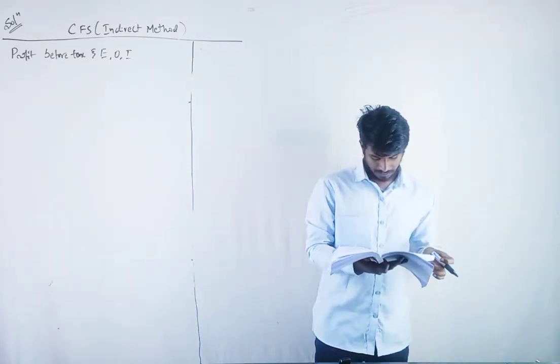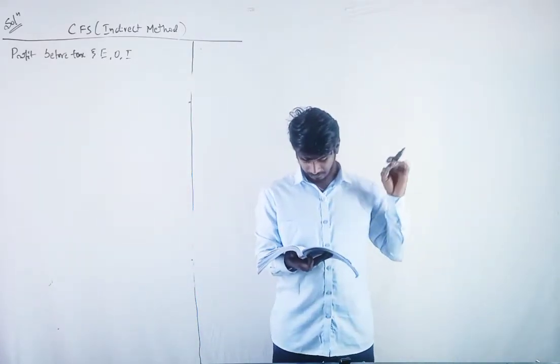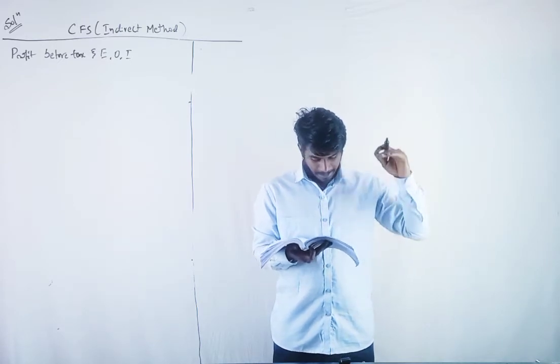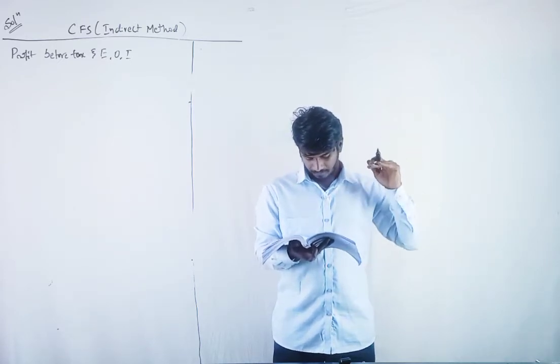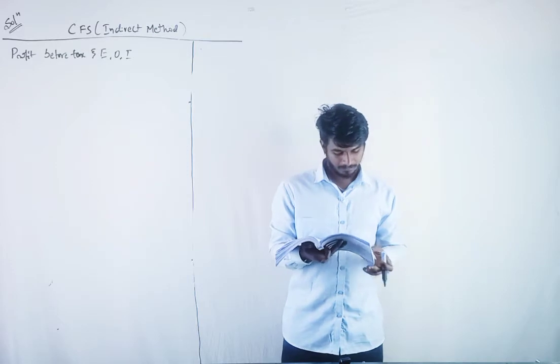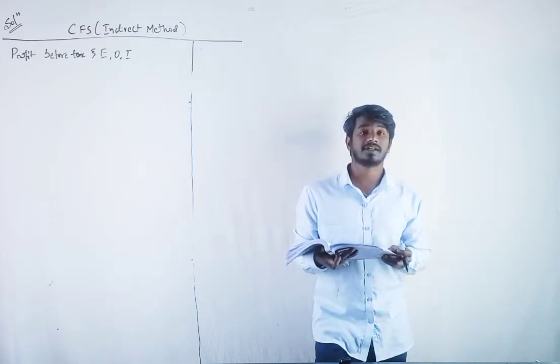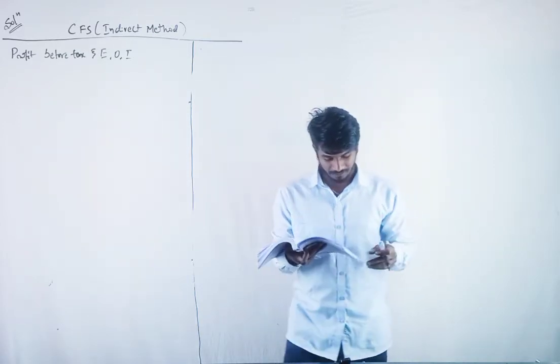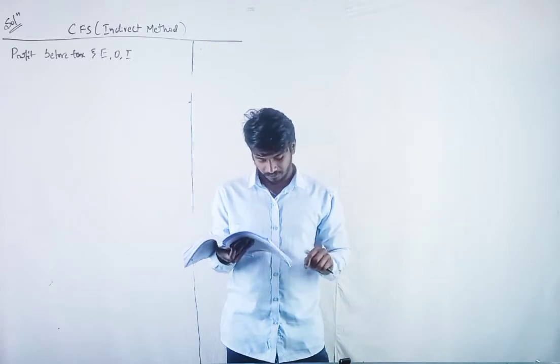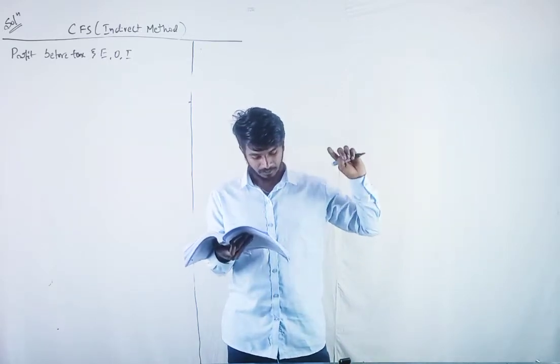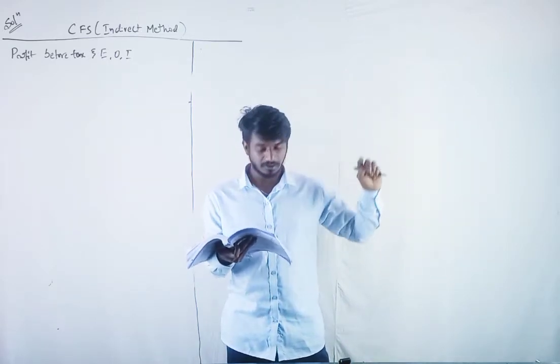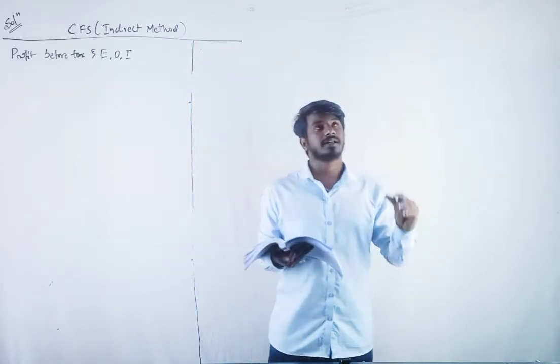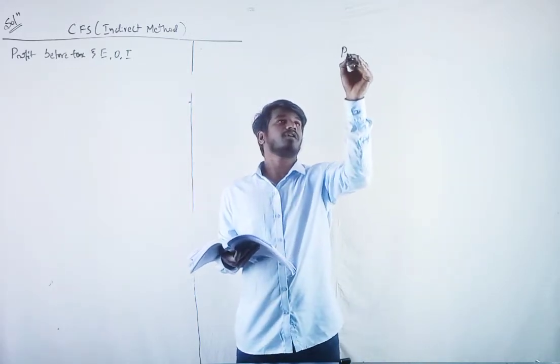What is the profit they have given in the reserves and surplus? In the reserves and surplus, they have given balance in statement of profit and loss account. Earlier, in the beginning of the year, it was 2 lakh. For the current year, 3 lakh 50,000 minus 2 lakh, 1 lakh 50,000 for the current year. Profit.